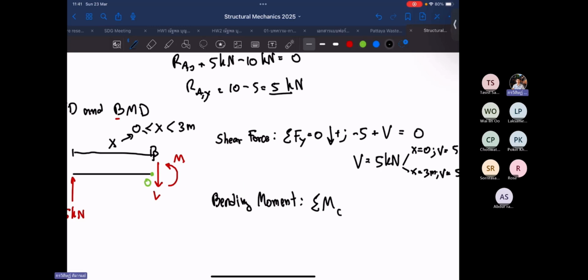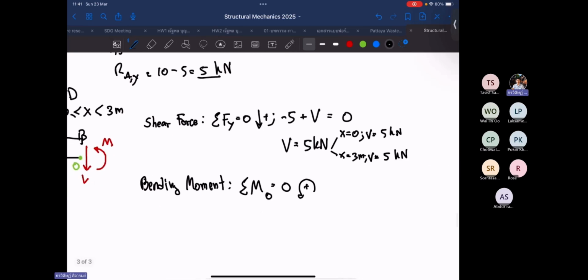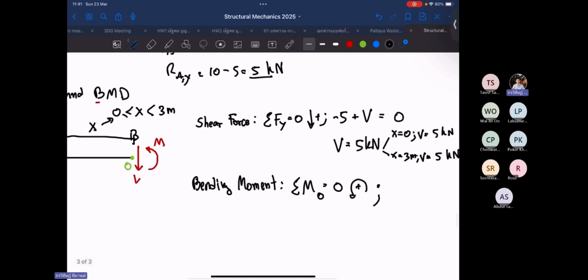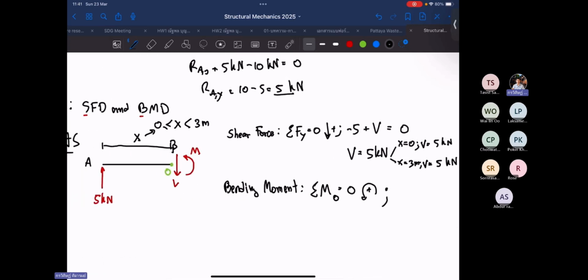So summation of moment on the right-hand side must be equal to 0. And again, you have to follow the sign convention, so counterclockwise is positive. Then let's calculate. First we have this 5 kilonewton. From this point to this point, we have the distance x.